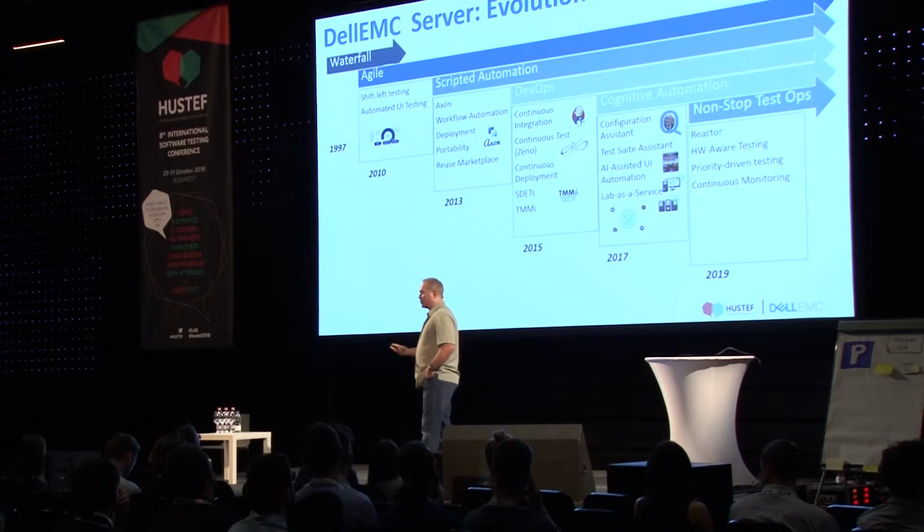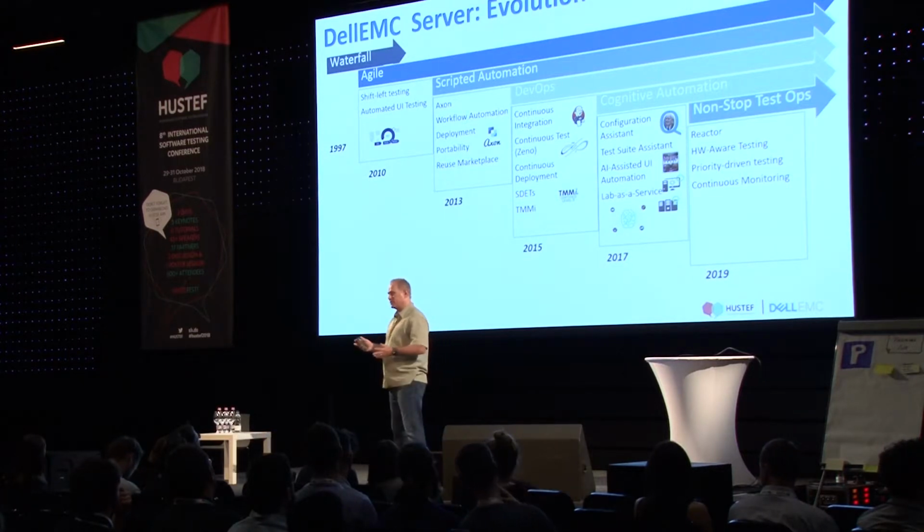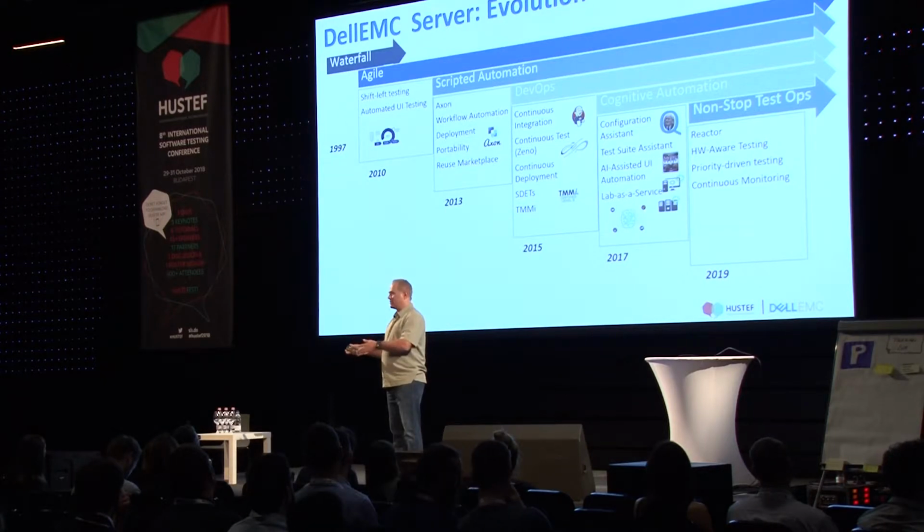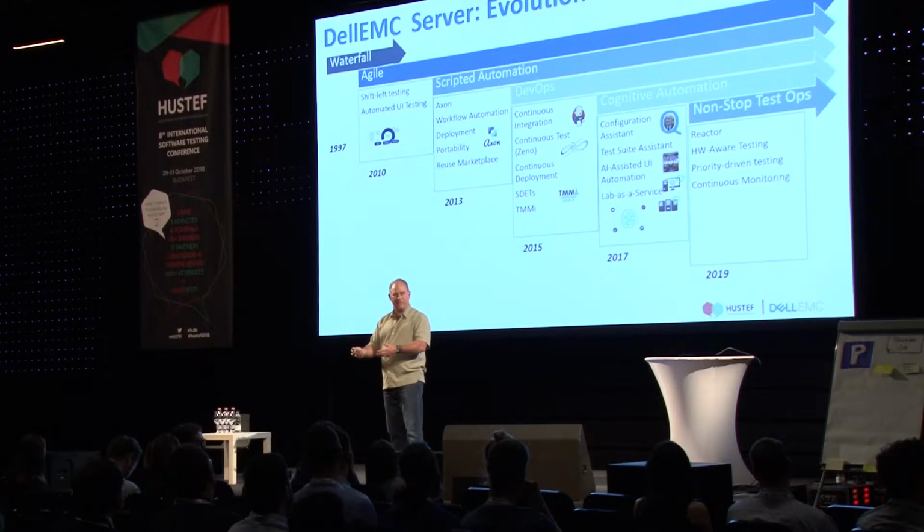We then moved into a DevOps, where we started going into continuous testing, which was a natural progression. We started taking some of the skill sets of our testers and automating some of the other tasks that we do in our test job, which was setting up the test environments, deploying the software and automating those.